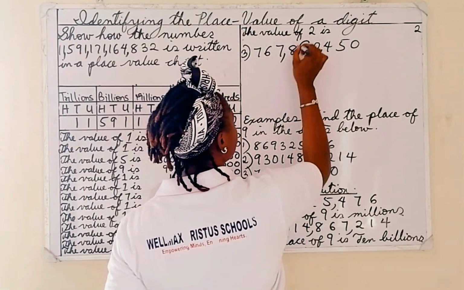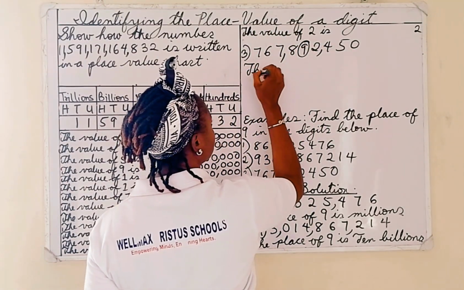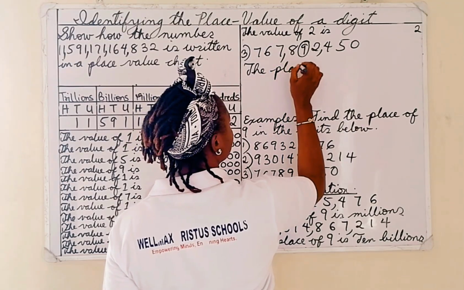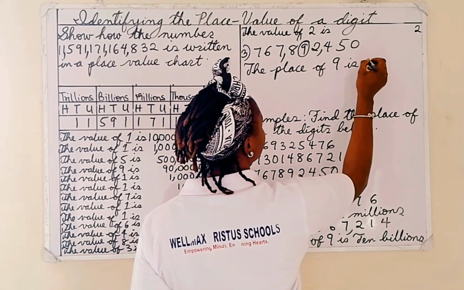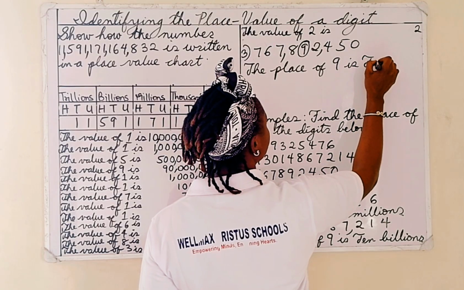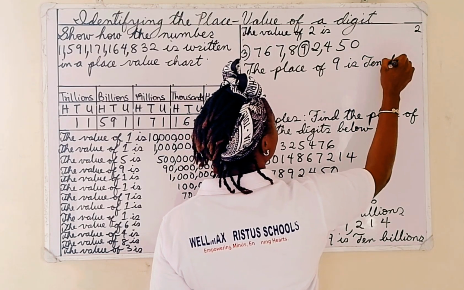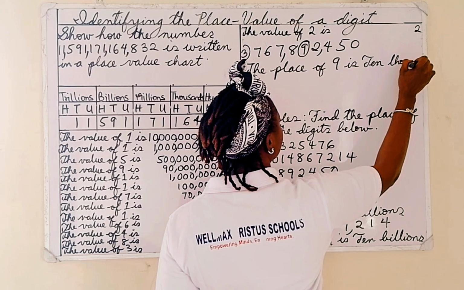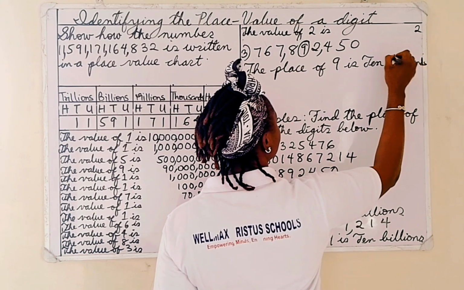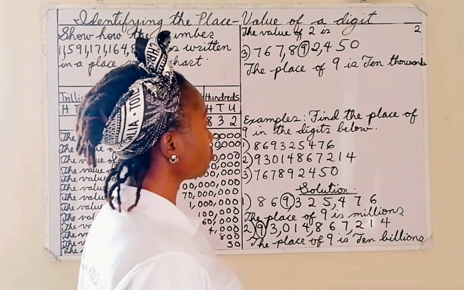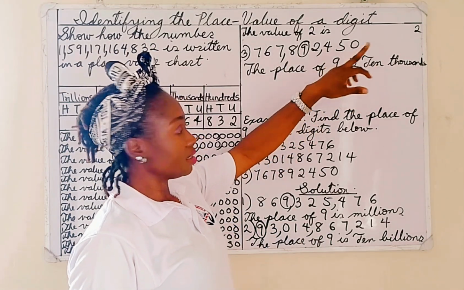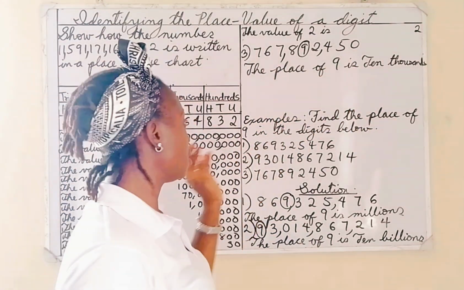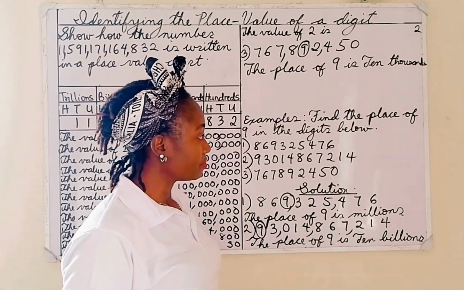So the place of 9 is ten thousands. Okay, so it's 9 ten thousands, which is 90,000. So it is ten thousands, and that's the final answer.